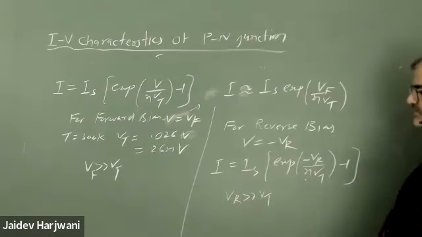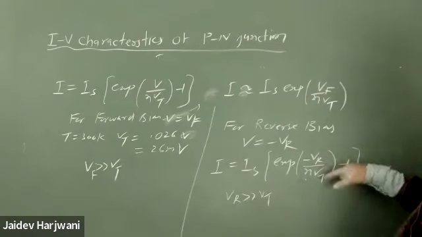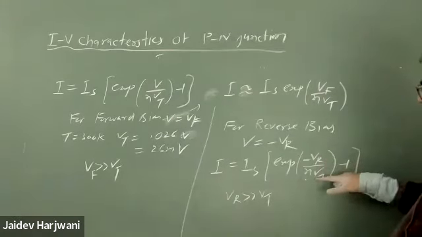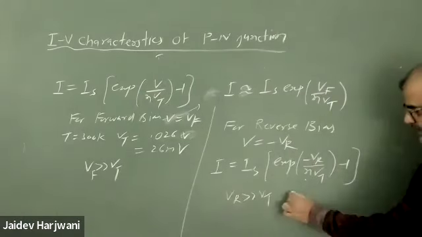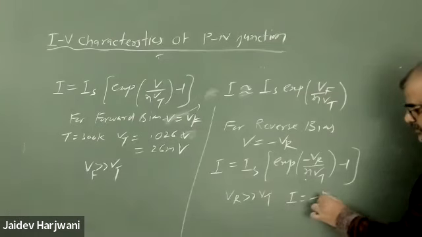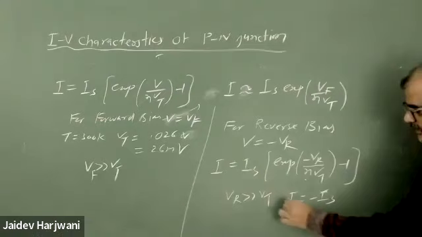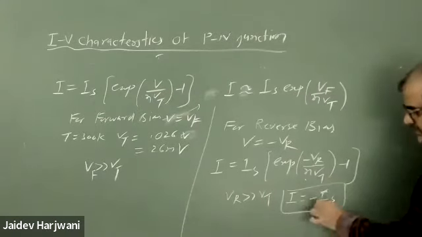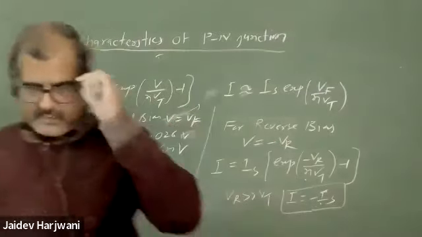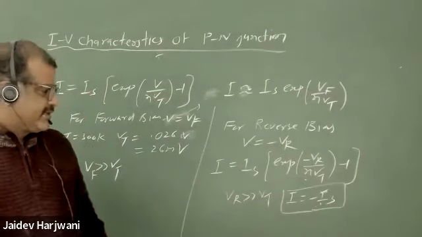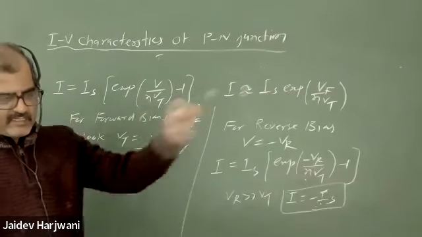The exponential term becomes 0, so I get I equals minus IS. Only the reverse saturation current flows until breakdown occurs. So before the breakdown, only a minimum current flows.